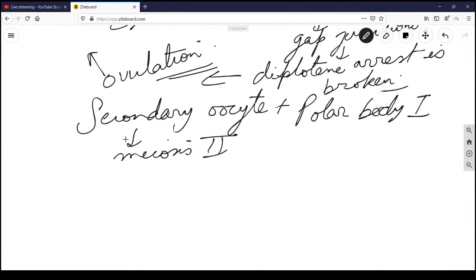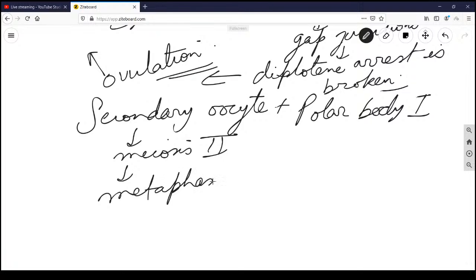It gets arrested in the metaphase, that is metaphase 2 of meiosis. Until this secondary oocyte arrested in metaphase gets fertilized by the sperm, it cannot complete its meiotic event.